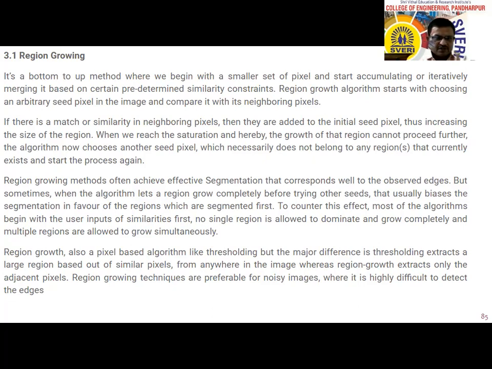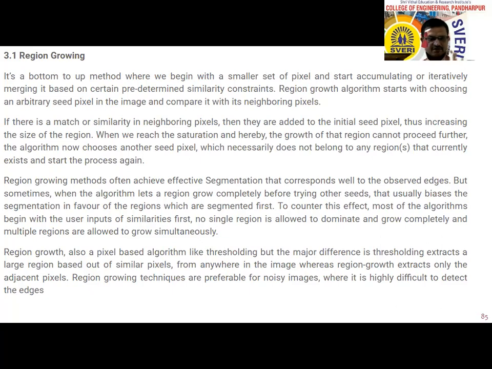If there is a match or similarity in neighboring pixels, then they are added to the initial seed pixel, thus increasing the size of the region. When we reach saturation and the growth of that region cannot proceed further, the algorithm now chooses another seed pixel which does not belong to any regions that currently exist and starts the process again.